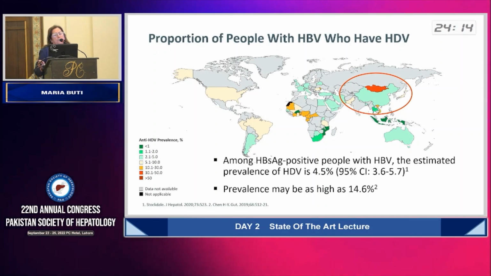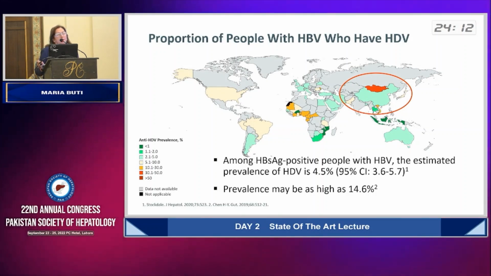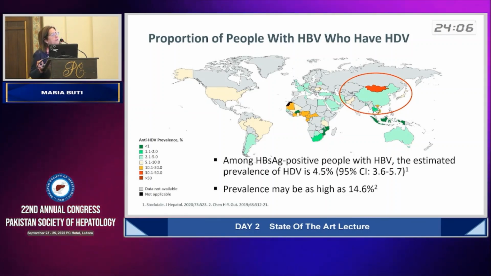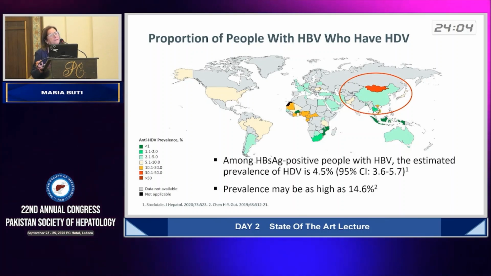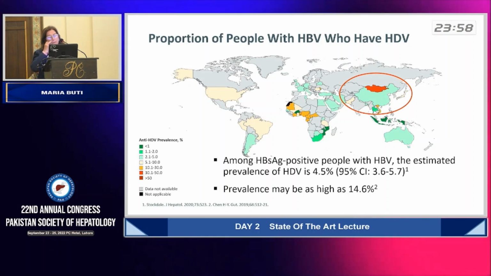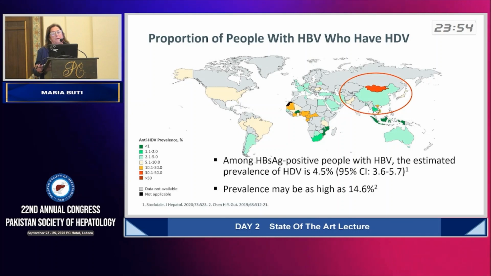The proportion of people with hepatitis B infected with hepatitis delta is unknown. There are estimations, but it's very difficult to know how many people are infected. It has been estimated in recent studies that the overall prevalence is around 5%.